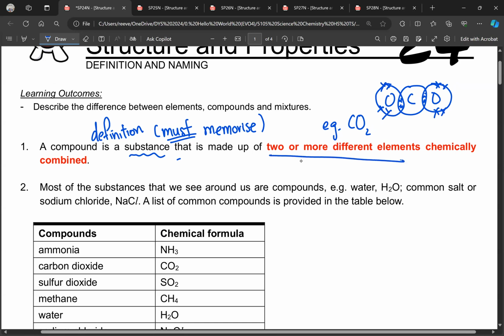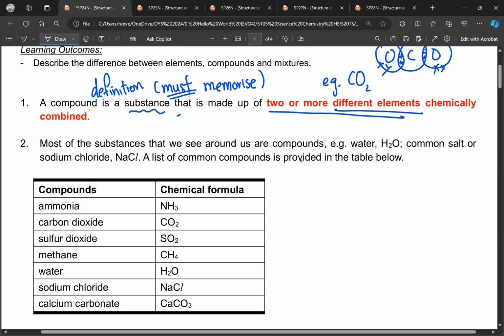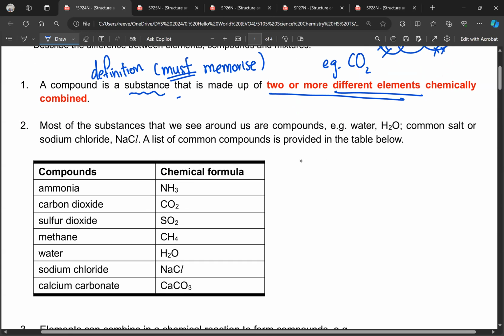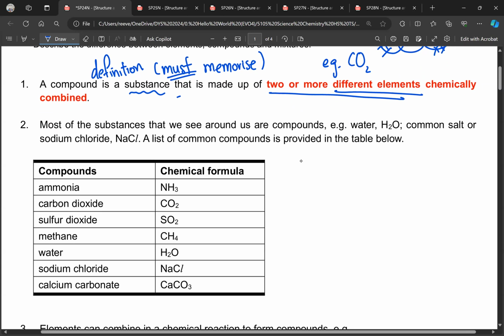So two or more different elements. It must be different. So I have different elements, carbon and oxygen. So when they chemically combine, I call this a compound. Okay, let's move on to point number 2. Point number 2 gives you some other examples of a compound other than CO2.